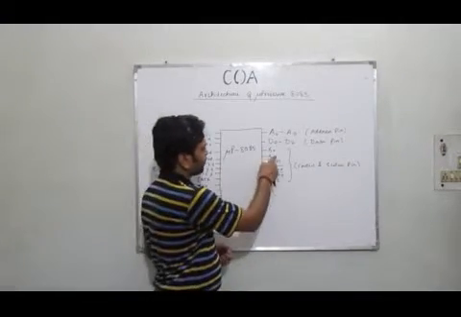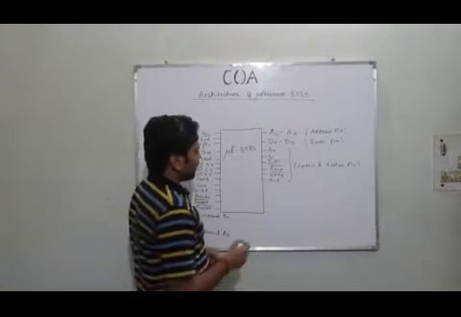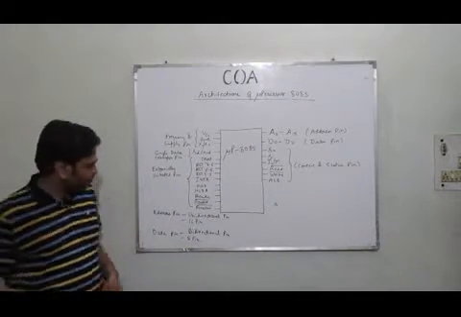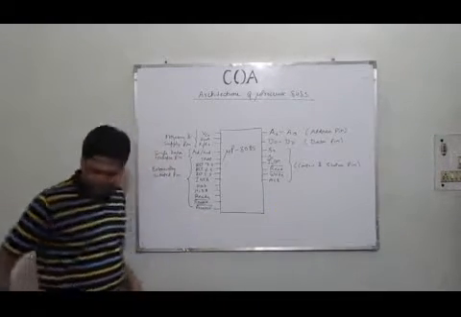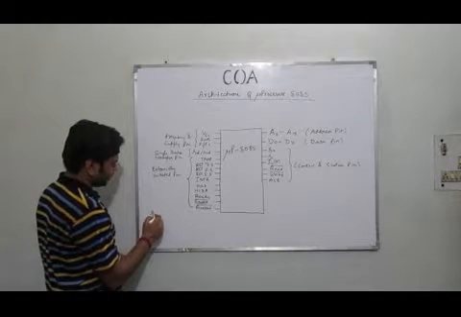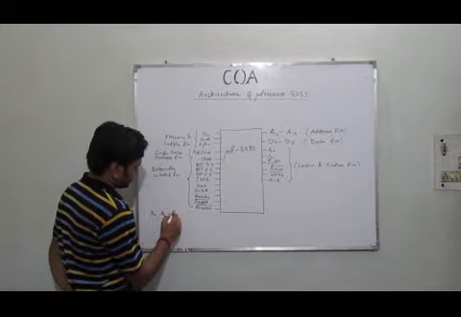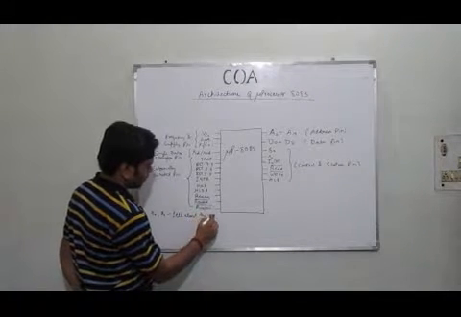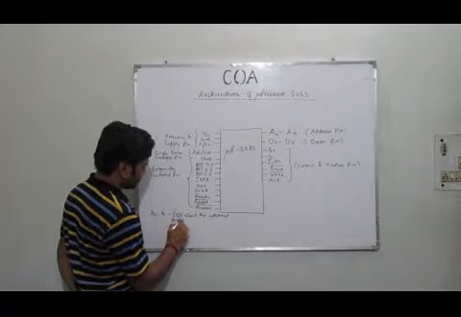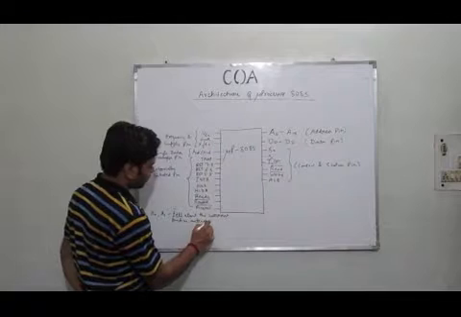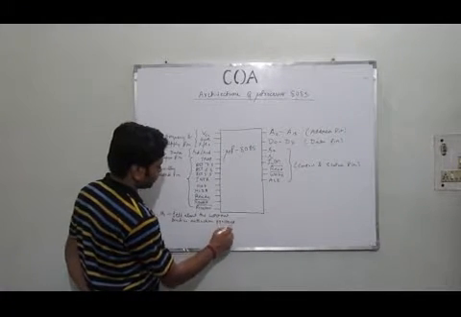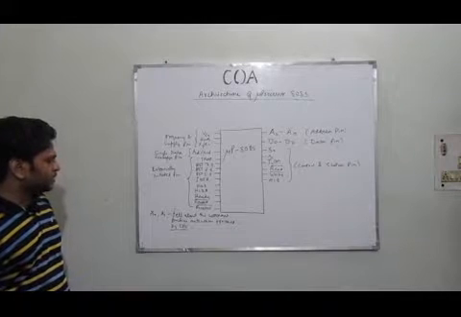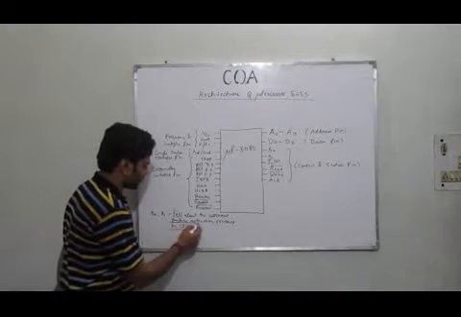Let us discuss in short what S0 and S1 are. The S0 and S1 pins tell about the current machine instruction processed by the CPU.